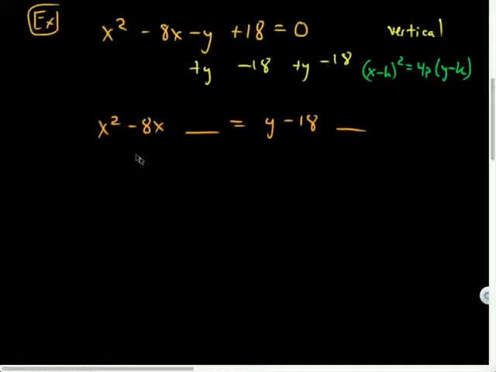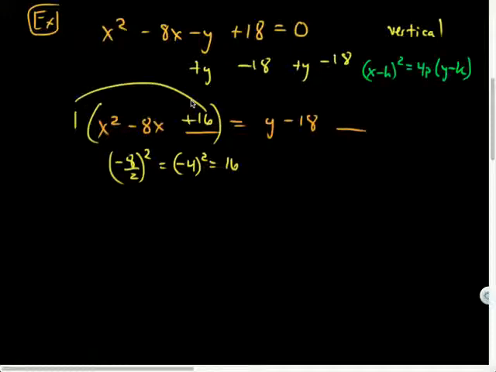So let's complete the square. Negative 8 divided by 2, all squared, is how I find my new constant term. You take your linear coefficient, divide by 2 and square it. So that's negative 4 squared equals 16. I'm going to add 16 on the left-hand side. In the world of parentheses, it's still adding 16, so to balance that out, I also add 16 on the right-hand side.